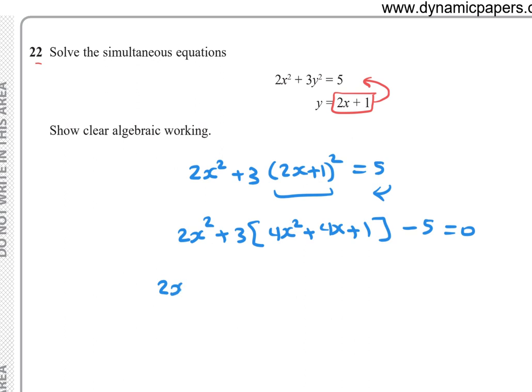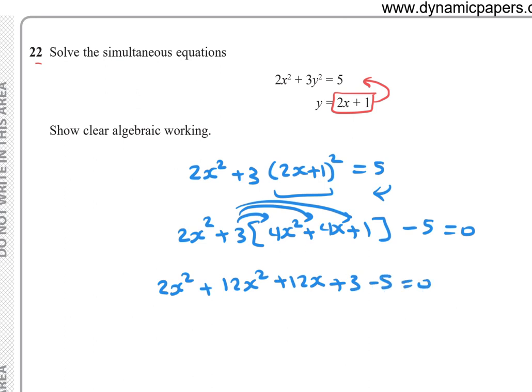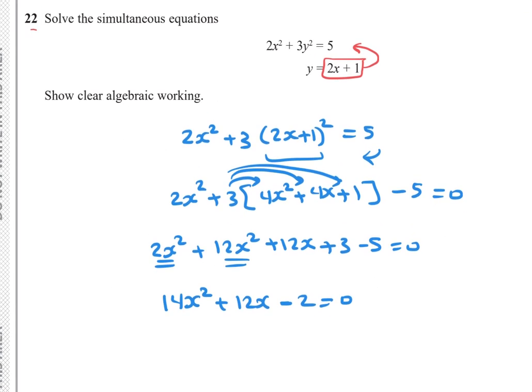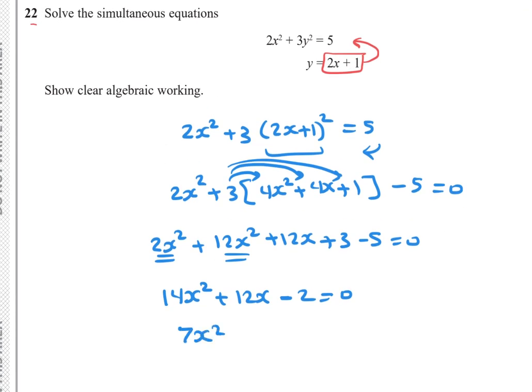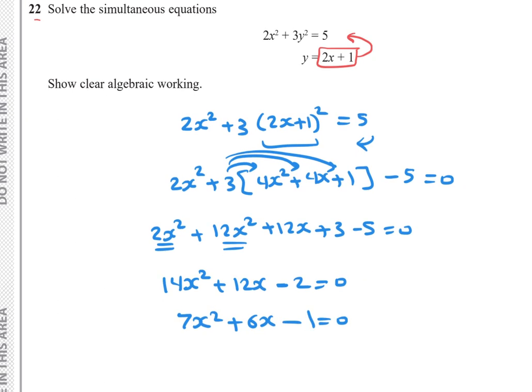Now, 2x squared, and 3 times 4x squared, so 12x squared, 3 times 4x, 12x, and 3 times 1 equals 3, minus 5 equals 0. Combine the like terms, so 14x squared plus 12x and 3 minus 5, negative 2, equals 0. You can divide by 2, so 7x squared plus 6x minus 1 equals 0.